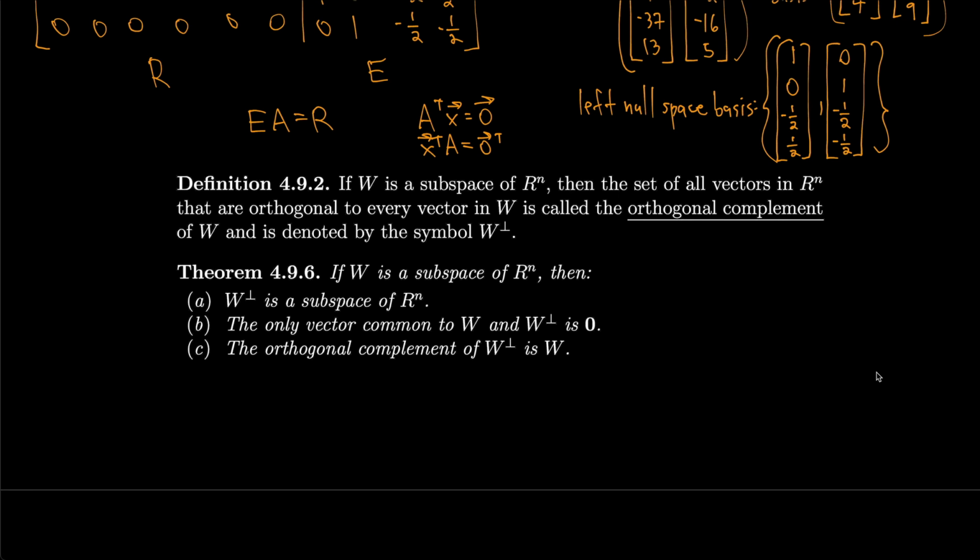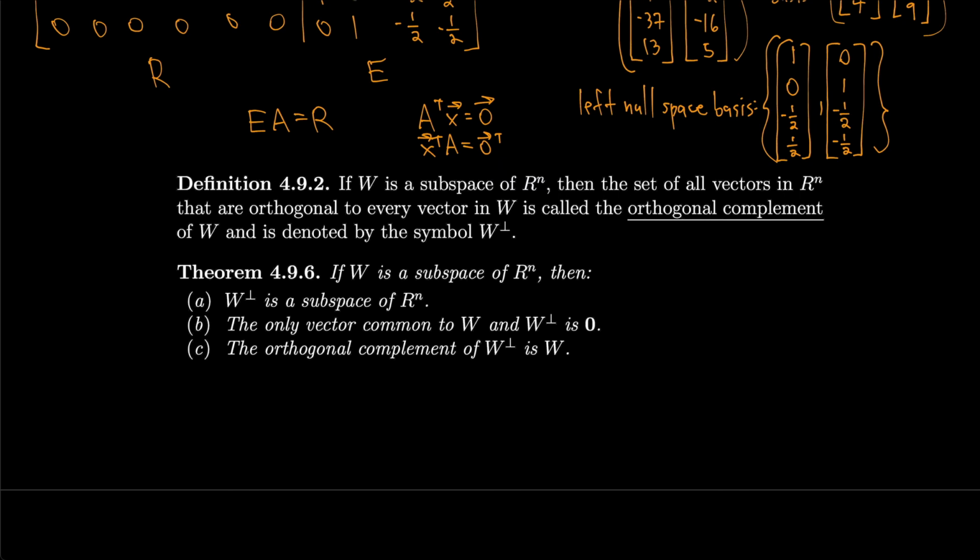Next up, if W is a subspace of Rn, then the set of all vectors in Rn that are orthogonal to every vector in W is called the orthogonal complement of W and is denoted by the symbol W perp, for perpendicular. Perpendicular is often used as another word for orthogonal in practice. If W is a subspace of Rn, then W perp is a subspace of Rn.